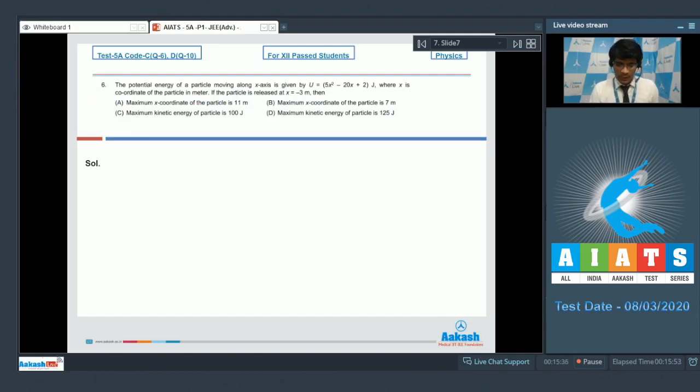It is very clear that the potential will have its minimum value at the point where this differential comes out to be 0. So let's have it: dU/dx = 10x − 20. If we equate this to 0, we get x = 2. That means at x = 2 the potential has its minimum value.